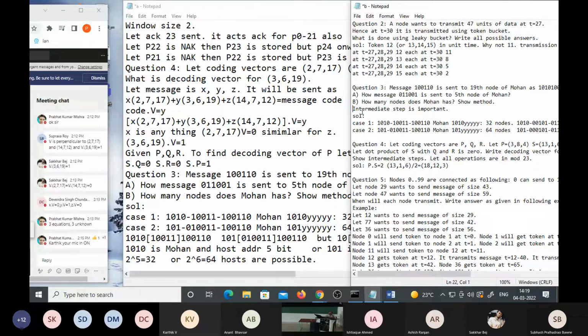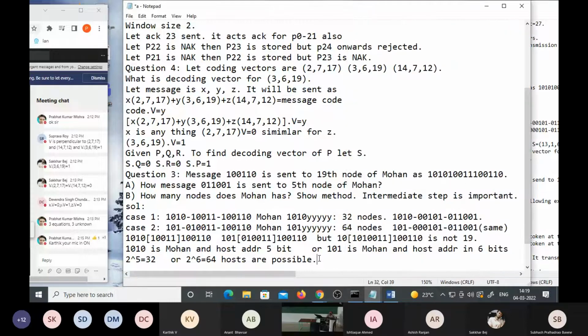Intermediate step is important. So marks will not be given if you have not shown what is the address prefix of Mohan. Is this all right to you? In a few copies which I corrected.